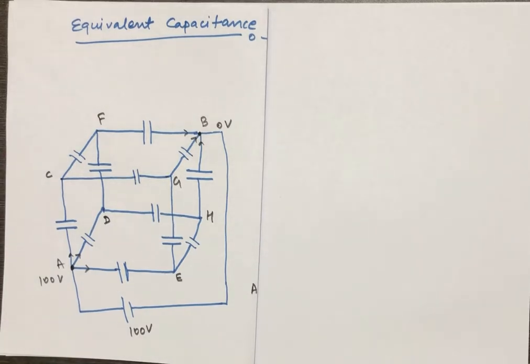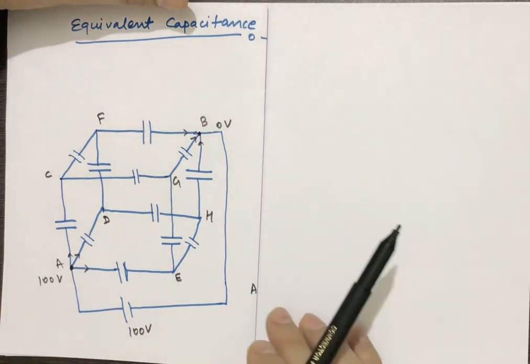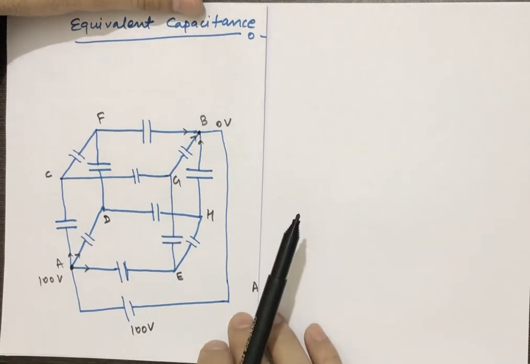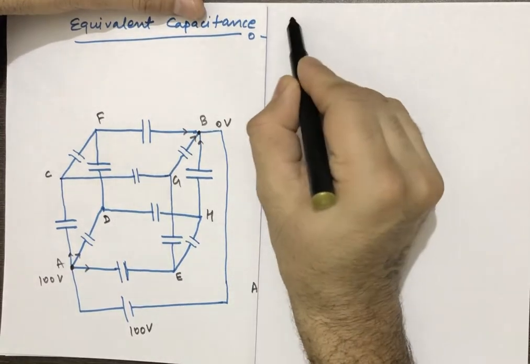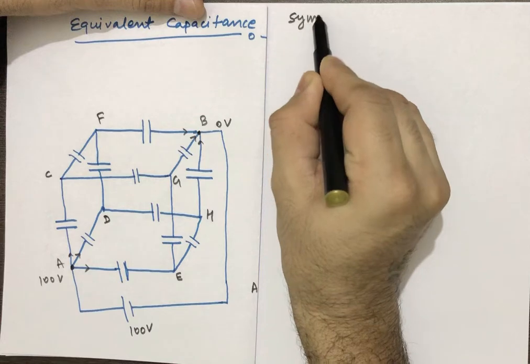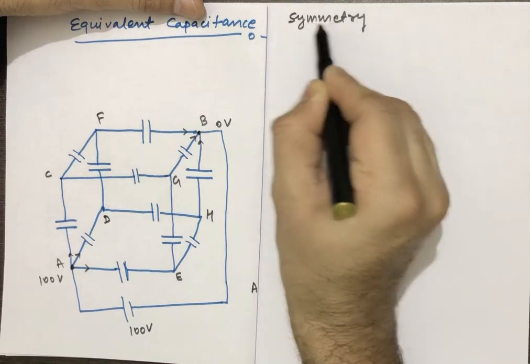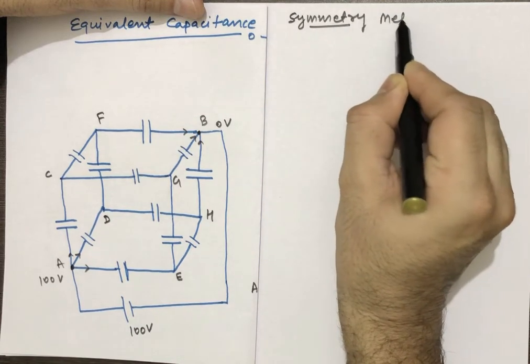To solve this type of question, we have many methods, but usually we use two methods. One is the symmetry method, the other is the nodal method. I will tell you how we can solve by the symmetry method and how by the nodal method. Let us do the symmetry method first.